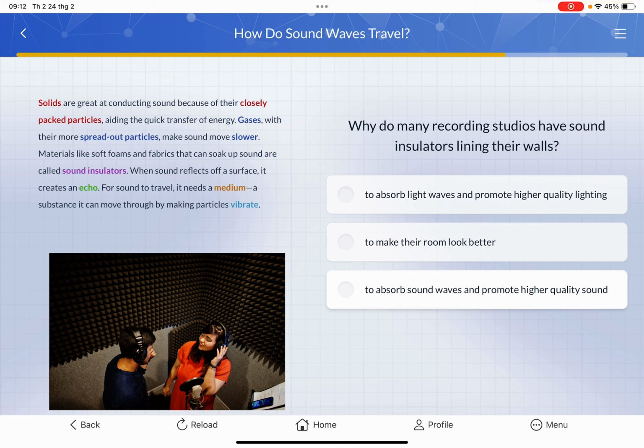It used to be a recording room. Now we don't use it anymore, but we still have the foam just in case some children bump into the wall, so they won't get hurt. But it is a sound insulator since it used to be a recording room.